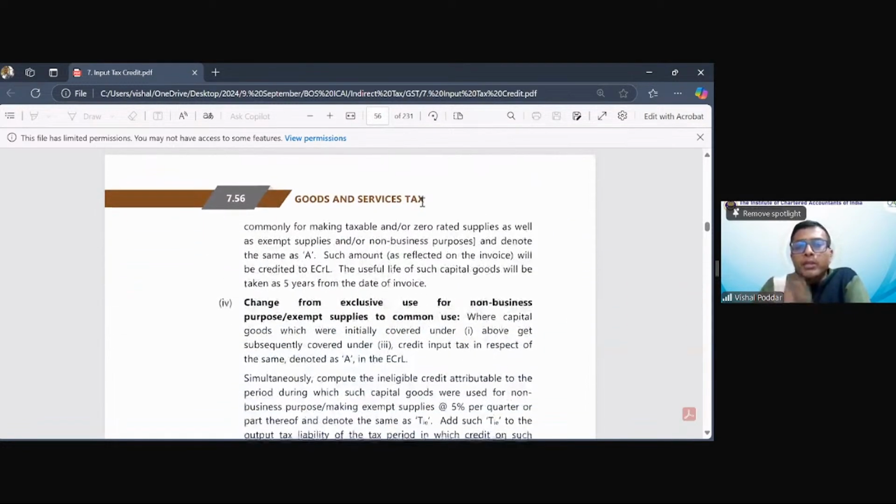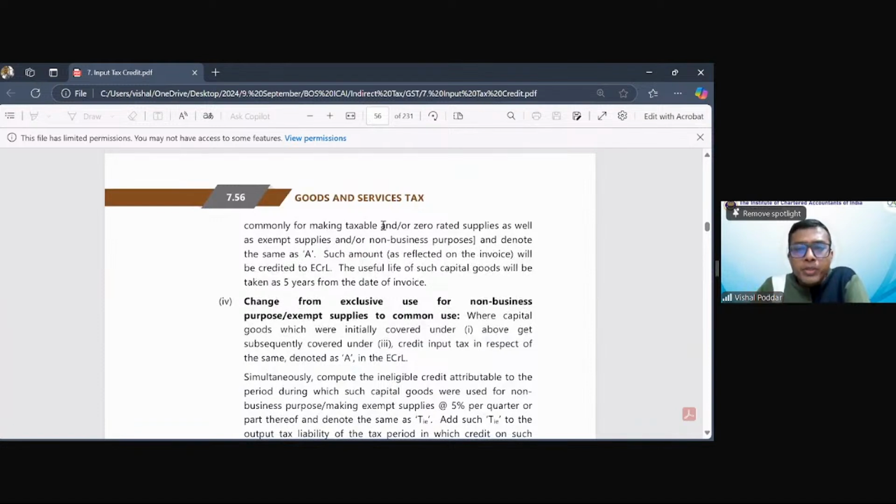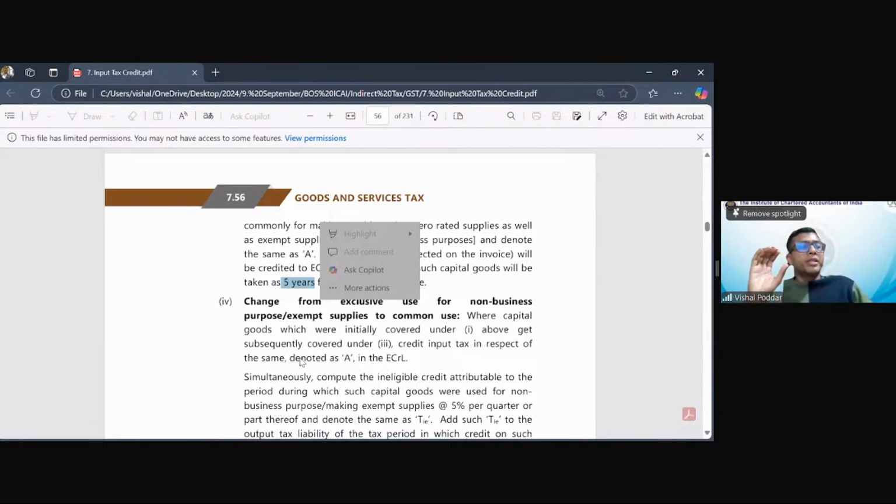Now, this capital goods, we presume that the life is 5 years. 5 years converted into months is 60 months. So now we have found out those assets which are common assets used for both taxable as well as exempt items. These are your common assets.